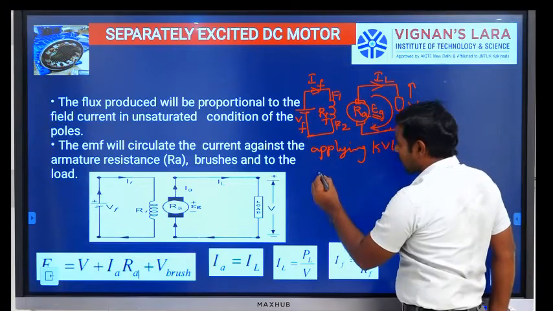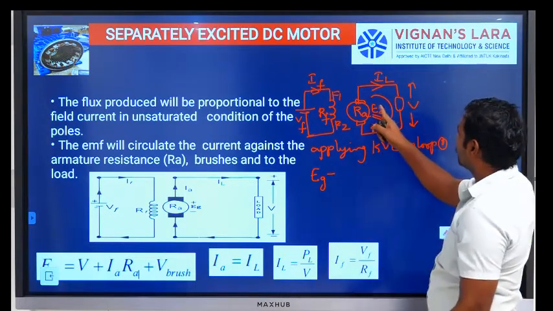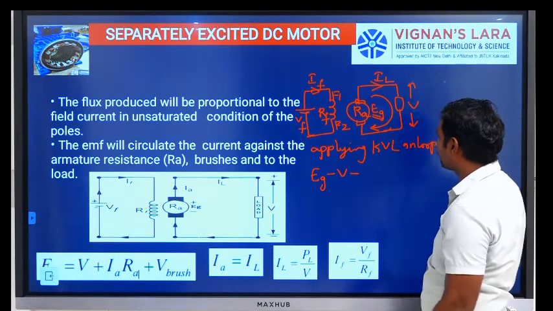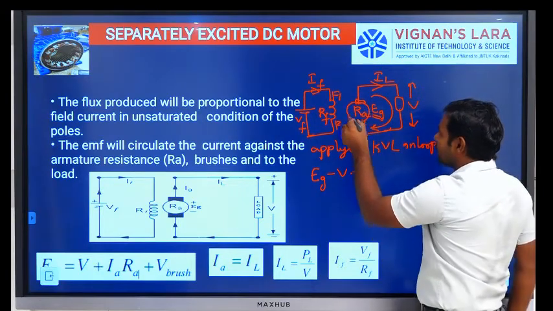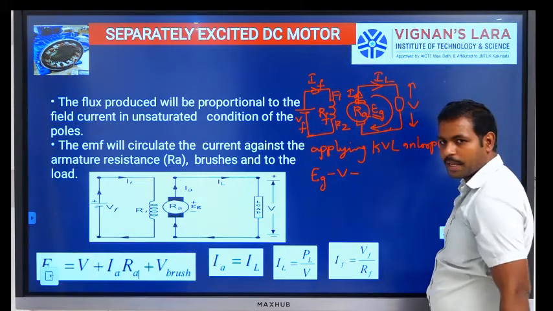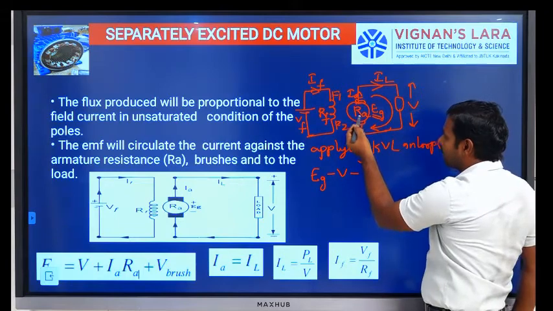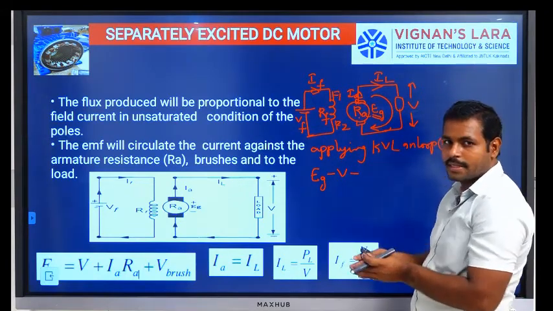So generated voltage minus terminal voltage minus the armature current multiplied by the armature resistance, because of the voltage drop across the resistance.